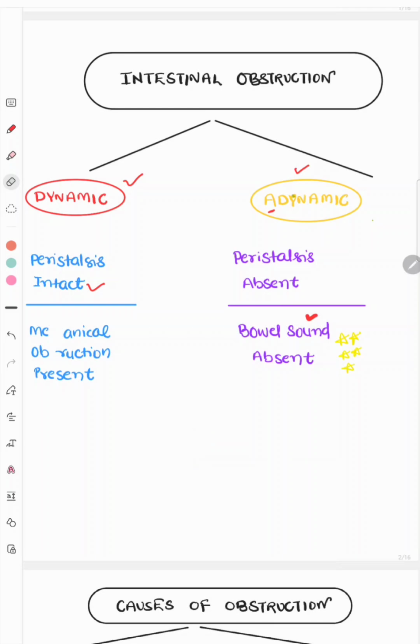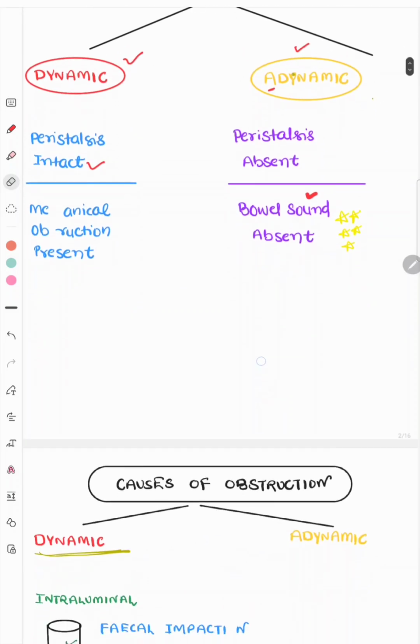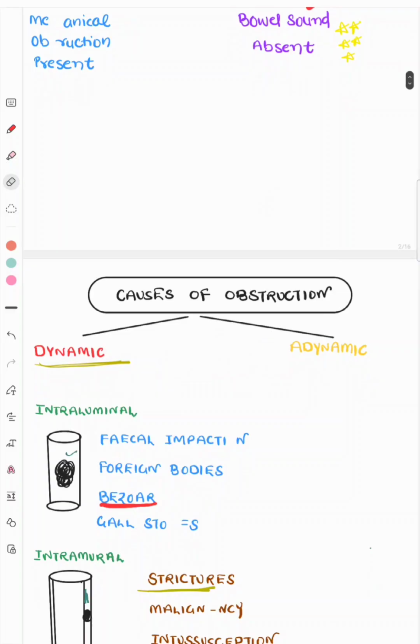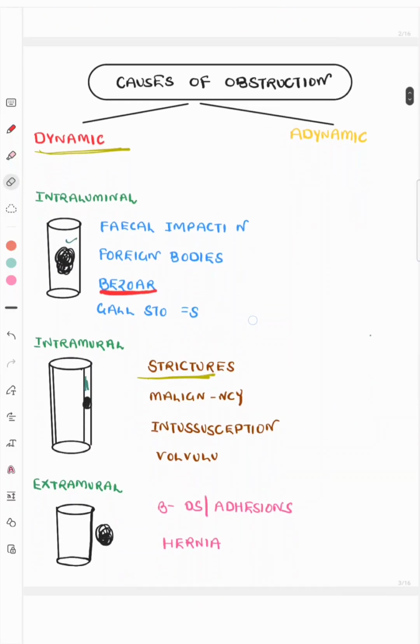So let's move to the next slide, in which we discuss the causes of obstruction in dynamic and adynamic obstruction. In dynamic obstruction there are mainly three mechanisms I have discussed in the previous slide: intraluminal, intramural, meaning in the wall, and extramural, outside the wall.